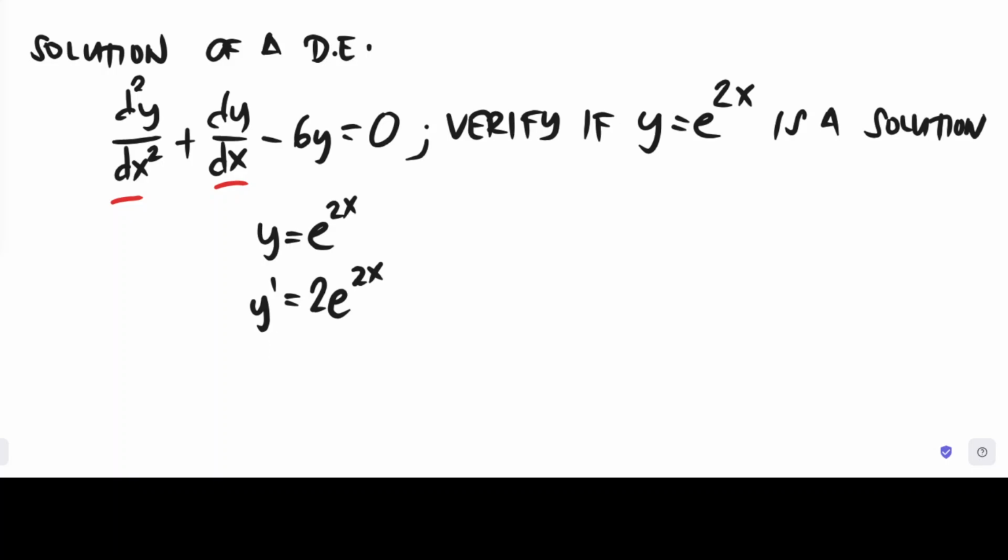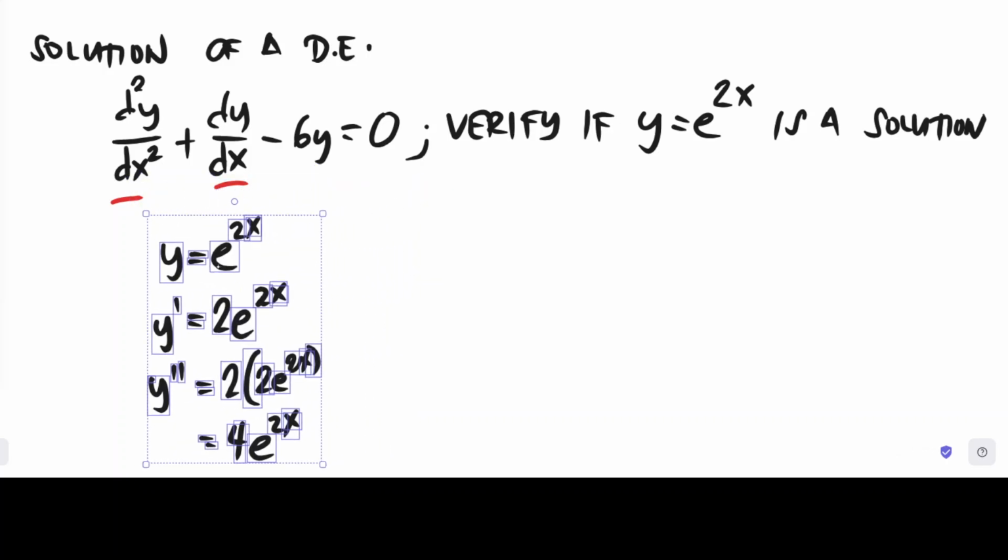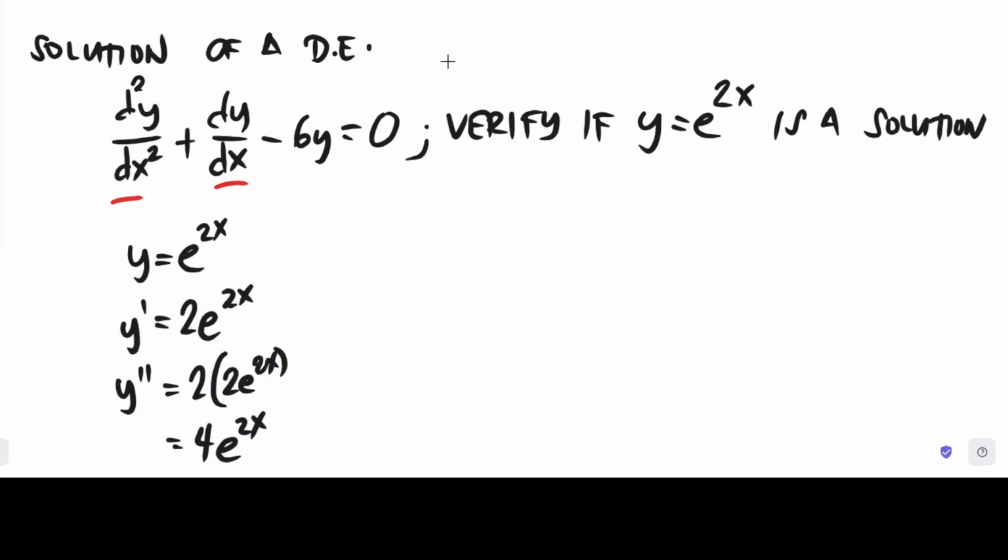Then for the second derivative, we differentiate the first derivative, so this will be 2 times 2e raised to 2x, or 4e raised to 2x. These are the terms we will introduce to our differential equation.